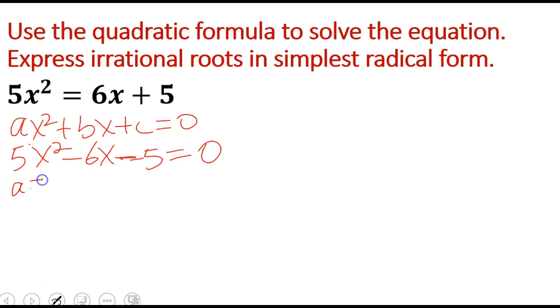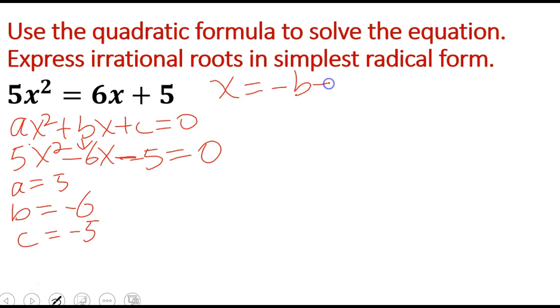So we know our a is 5, our b is negative 6, and our c is negative 5. Now that we have this, we plug into our formula. x equals negative b plus or minus square root of b squared minus 4ac all over 2a.